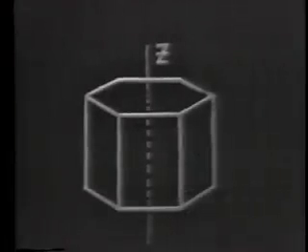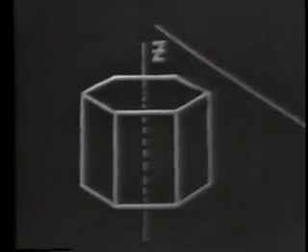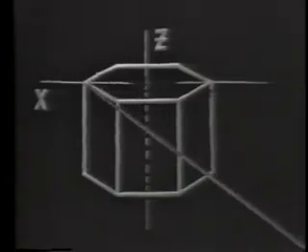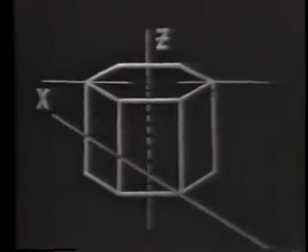Let's take a look at this drawing of a crystal and see the exact location of the crystal axes. The axis passing from point to point, or end to end, and directly through the crystal is known as the z-axis. Remember, from end to end, directly through the center. The axis passing through the corners of the crystal is known as the x-axis.